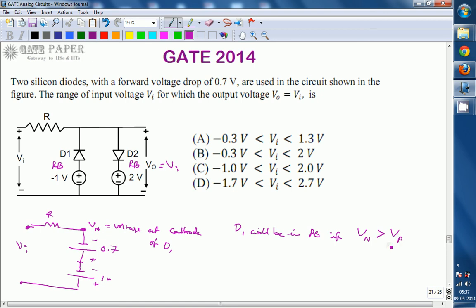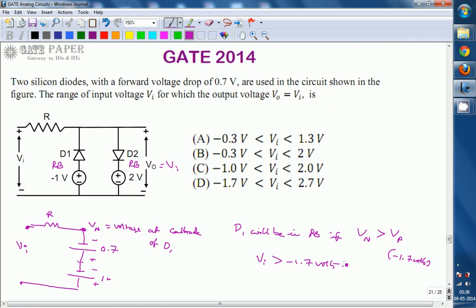The voltage at the P side is approximately minus 1.7, because 0.7 volts is the internal voltage drop and minus 1 volt is applied at the P side. So Vn, that is Vi, should be greater than minus 1.7 volts. This is the first condition.